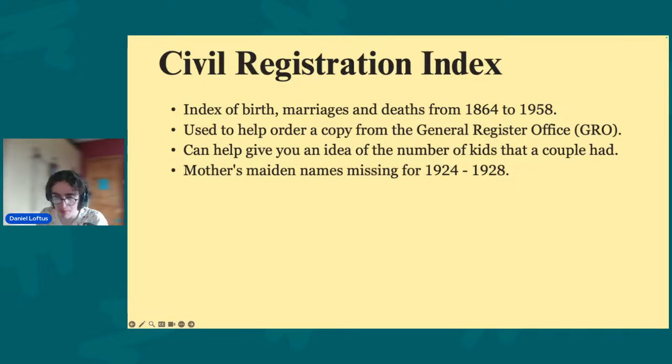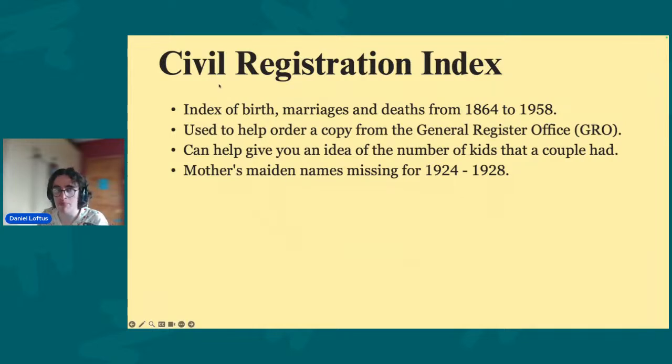But I'm not great with searching for living people, so do not consult me for tips with that. The only downside with this collection is that the mothers' maiden names are missing for any records between 1924 and 1928, but this won't be a problem in 2029, when we will have births up to 1928 on Irish genealogy. But granted, that's a few years yet, so we'll stay in the here and now.